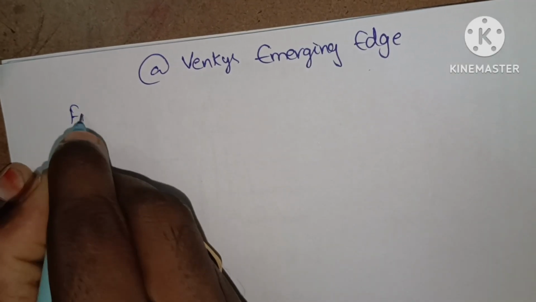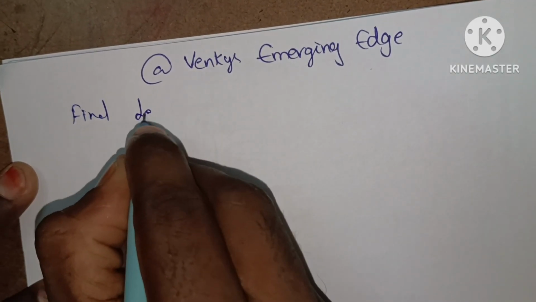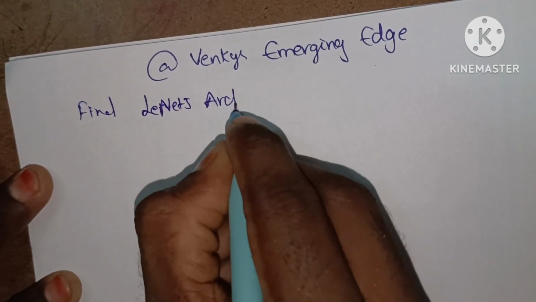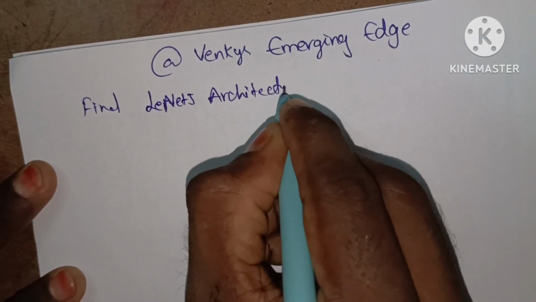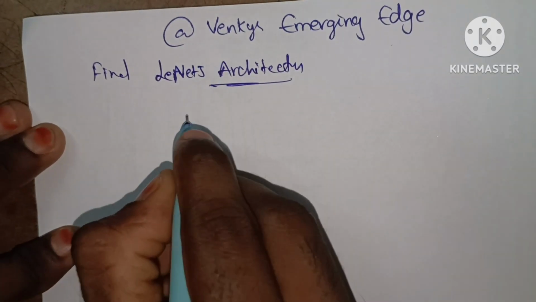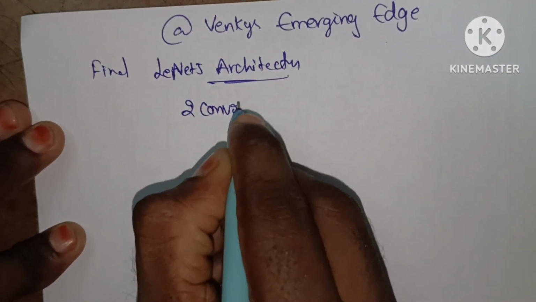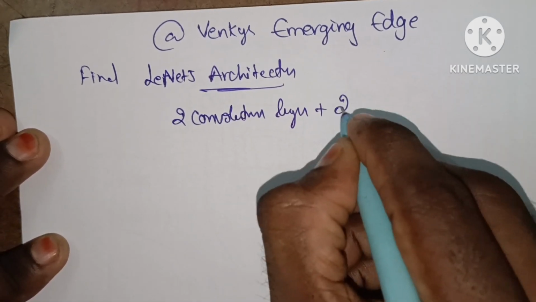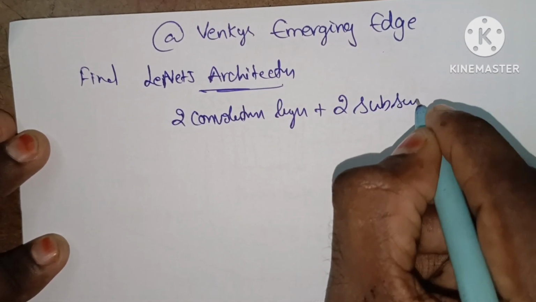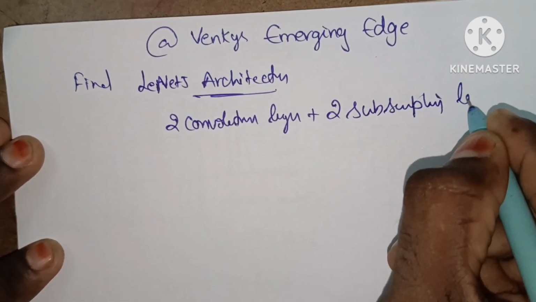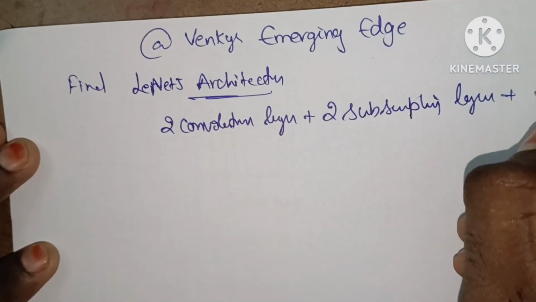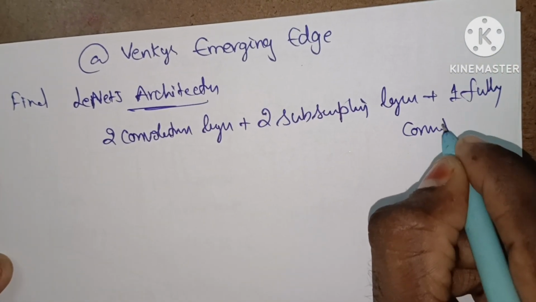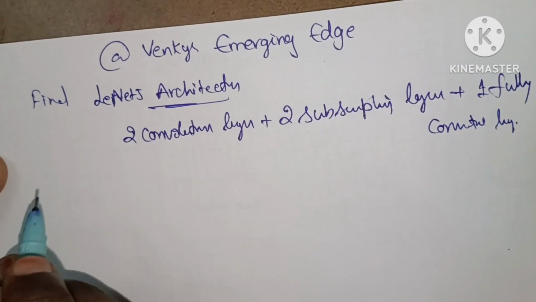So the final LeNet5 architecture contains two convolution layers plus two subsampling layers plus one fully connected layer. Clear?